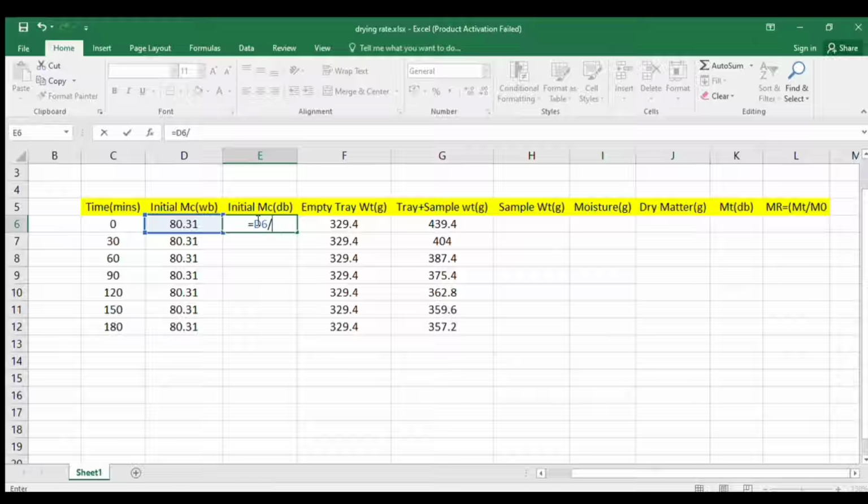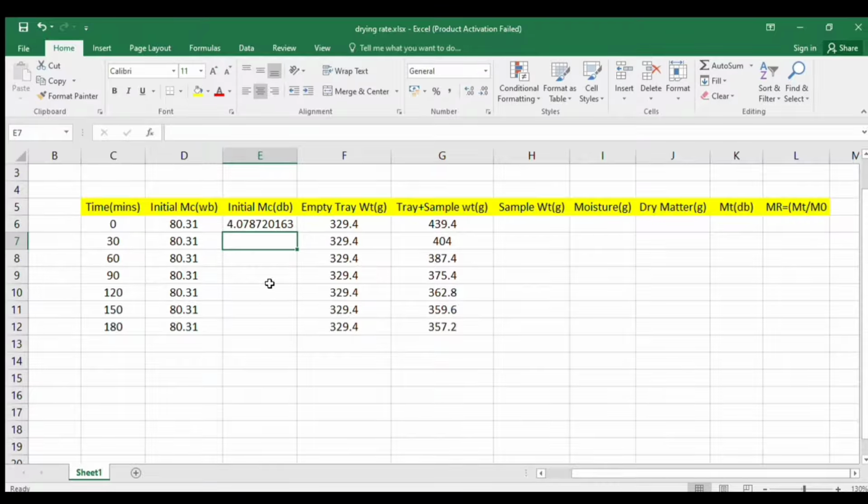So as I have already said, the initial moisture content weight basis is in percentage, so we can get the dry matter weight simply by subtracting it from 100. Sorry, I have made a mistake. So this is the initial moisture content which is in dry basis.